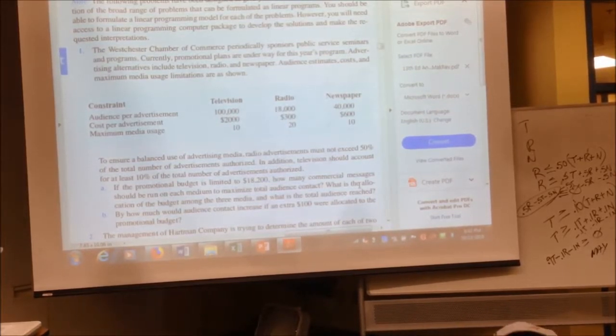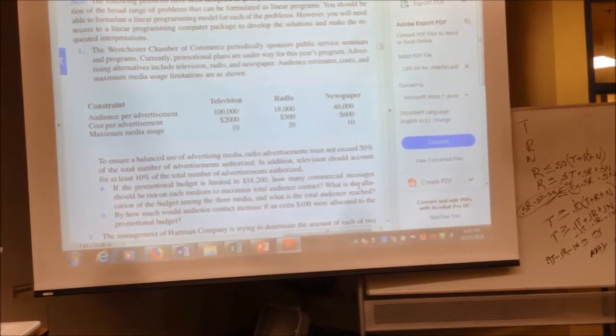I have to multiply it times the cost, $2,000. 2,000 times T plus the cost for radio, 300 times R, plus the cost for newspaper, 600 times N. All of their individual costs for each variable less than or equal to 18,200.